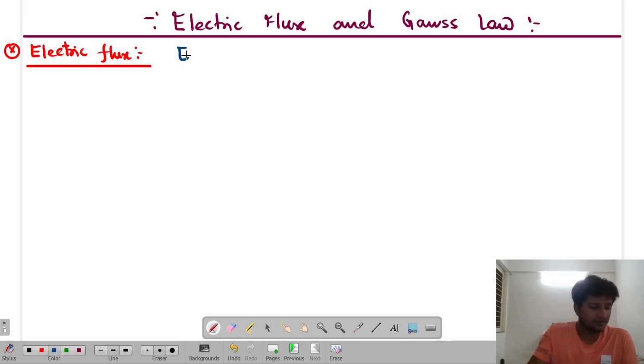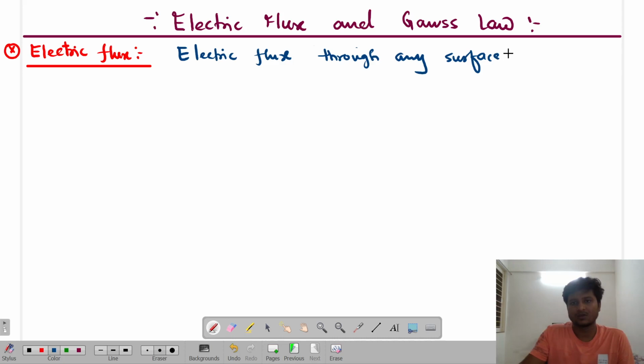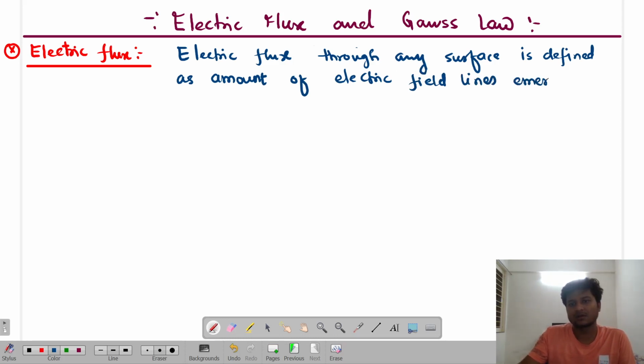So what I will say, the electric flux through any surface is defined as the amount of electric field lines emerging or passing through the surface.